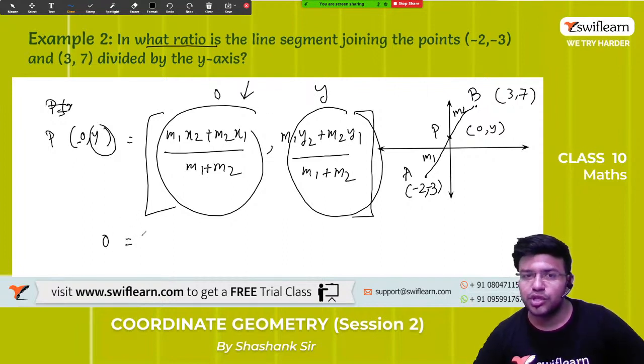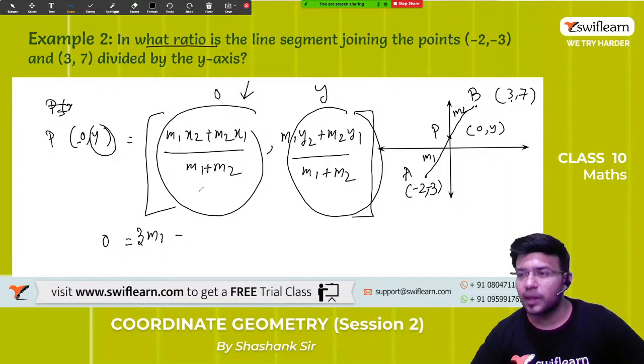This value is known. 0 is equal to m1 x2. How much is x2? x2 is 3. So 3m1 plus m2 x1. How much is x1? x1 is -2. So plus into minus, what will it become? Plus into minus is minus.